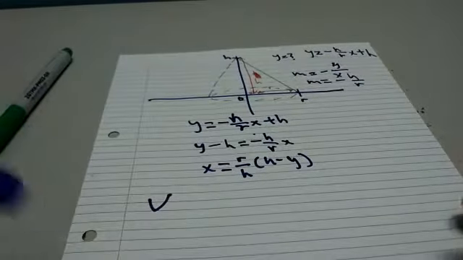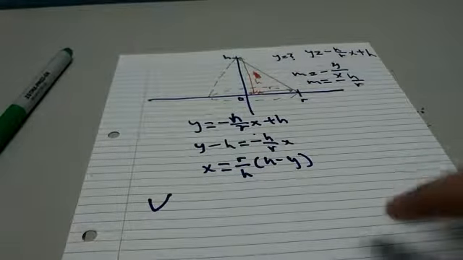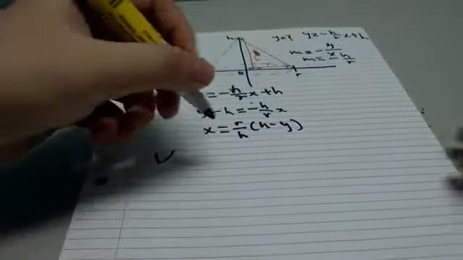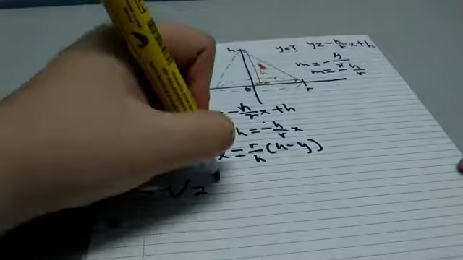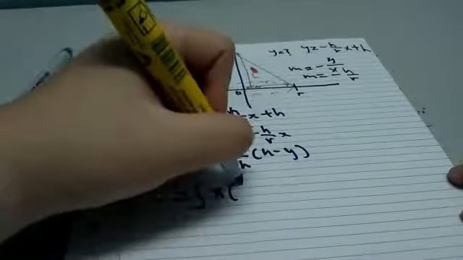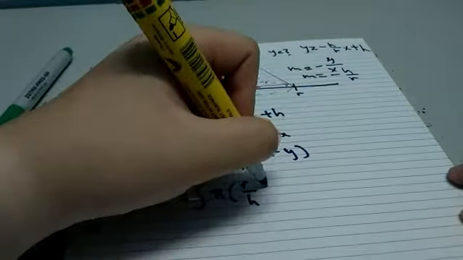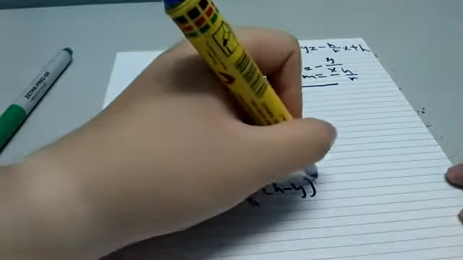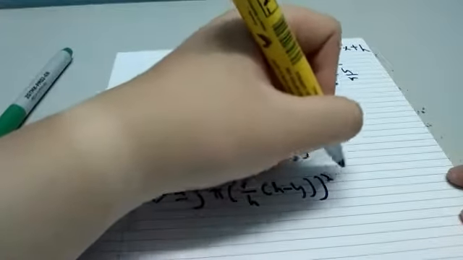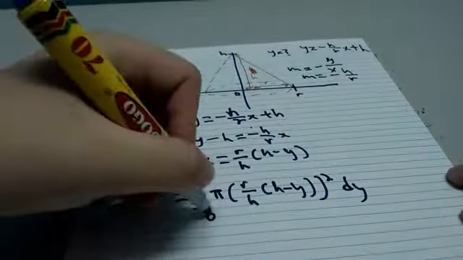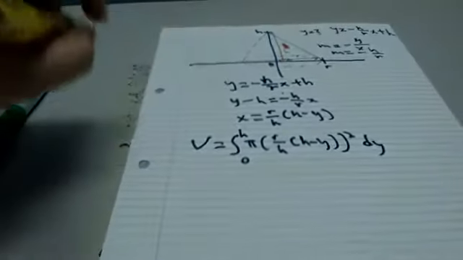When we find the function in terms of y, we can finally find the volume by using the formula. So V is equal to the integral of pi times (r over h times (h minus y)) squared dy from y equal to 0 to h.